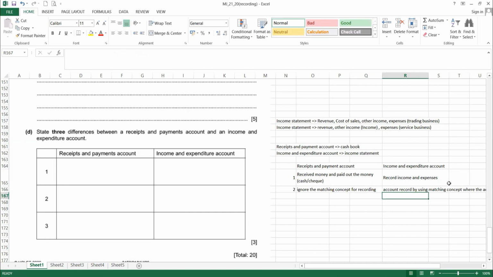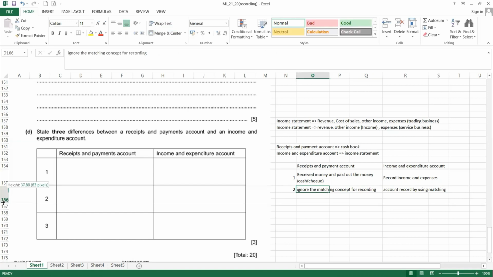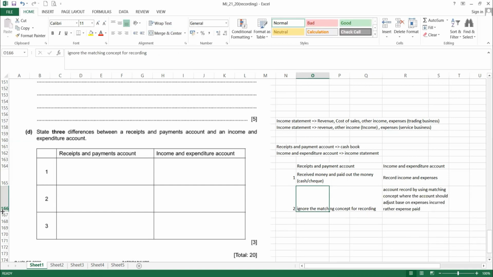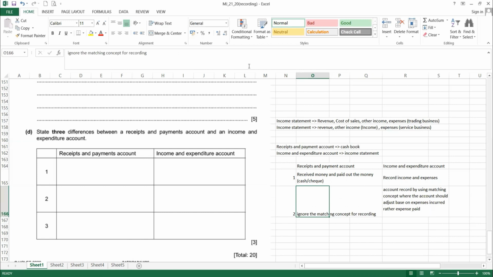So that is trying to emphasize the difference between the receipt and payment account, or the cash book, compared with the income and expenditure account.